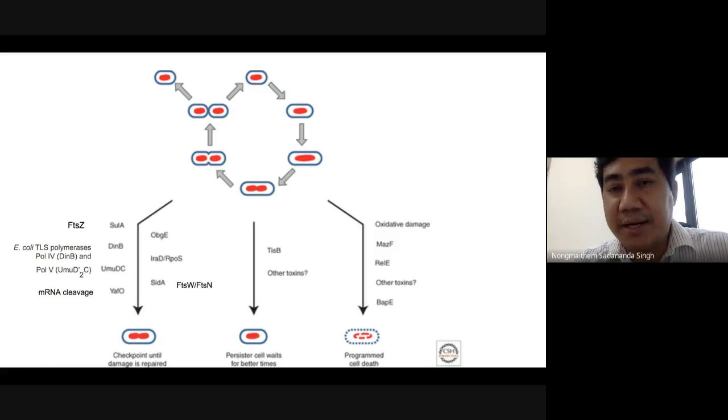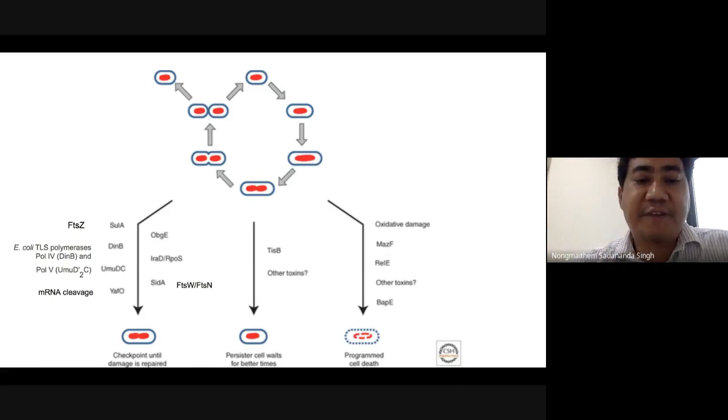So once the mRNA is cleaved, proper proteins are not synthesized. So the cells which need new proteins to be synthesized and go ahead in the cell cycle are paused because no more translation is happening.